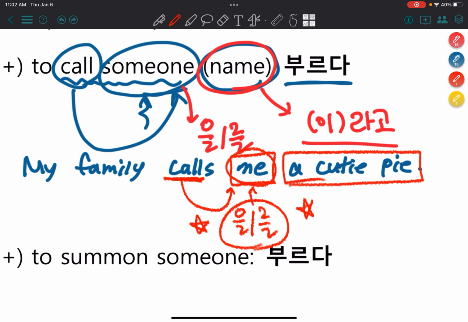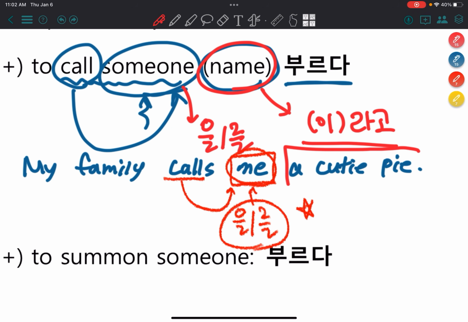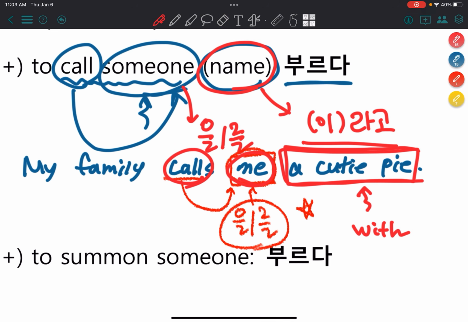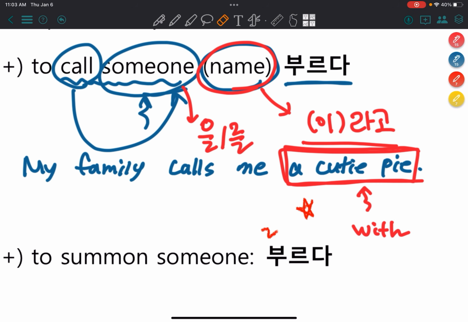And a cutie pie wouldn't be considered an object because literally when you say my family calls me a cutie pie, it means my family calls me with the name a cutie pie, right? So cutie pie is not considered an object of call. Rather, me is the someone that's being called, so me would be considered an object in this sentence.